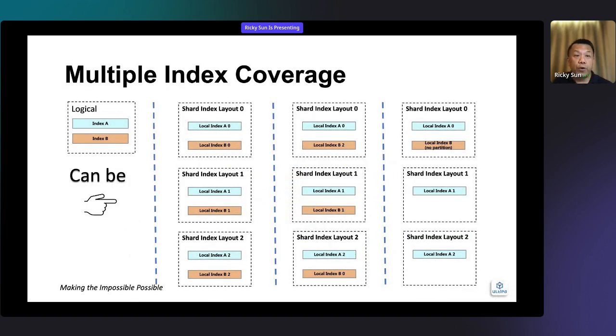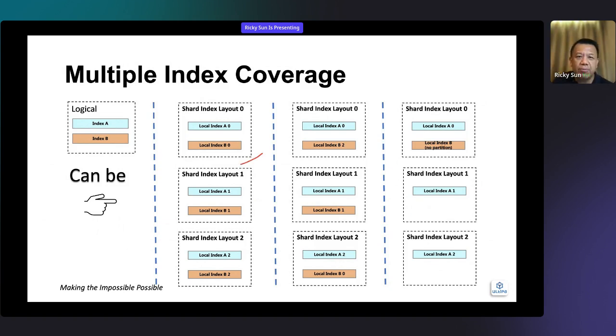Also, if we are talking about multiple index coverage, logically speaking, there are index A and B. How are we going to divide that simple logic into, for instance, 9 instances, right?